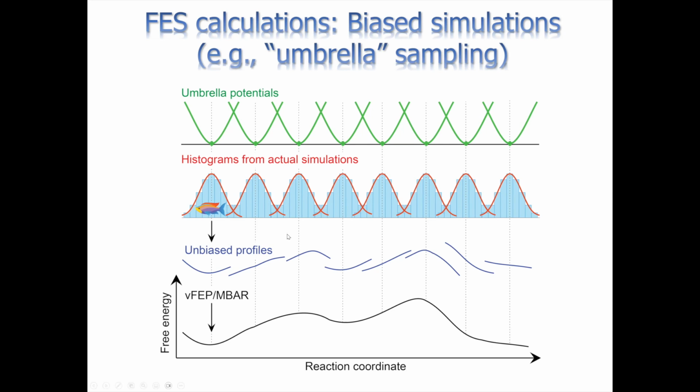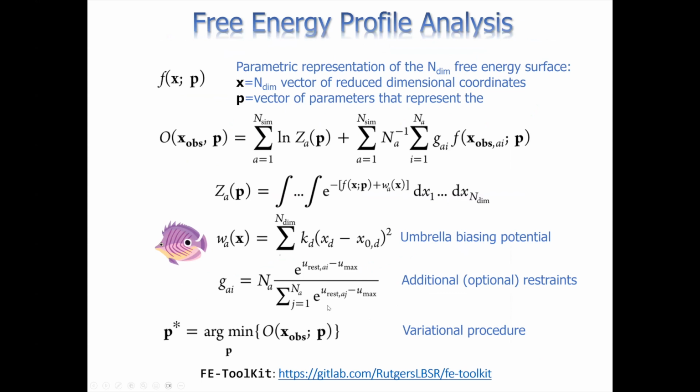Once you unbias these simulations, you get fragments of your overall free energy profile. Then you can use statistical methods such as the variational free energy profile method or the multi-state Bennett acceptance ratio method to piece them together in a statistically optimal way to come up with a smooth continuous surface.